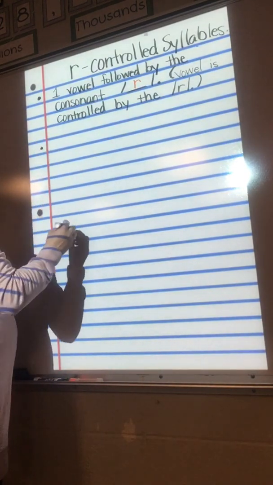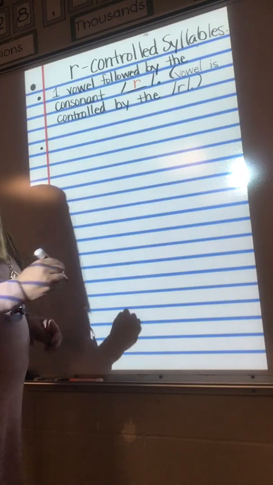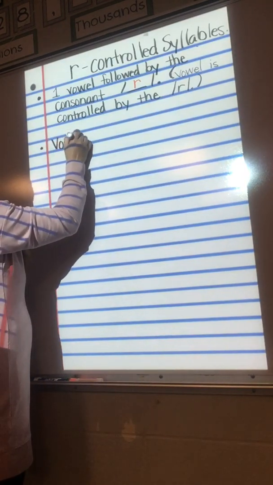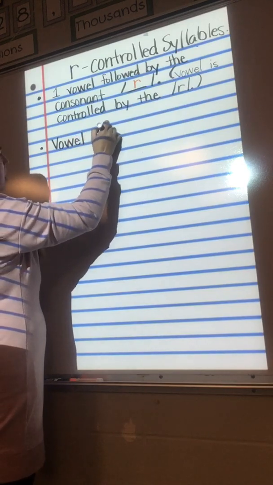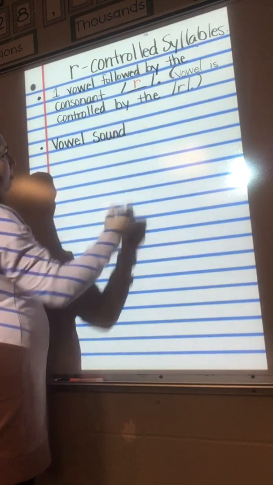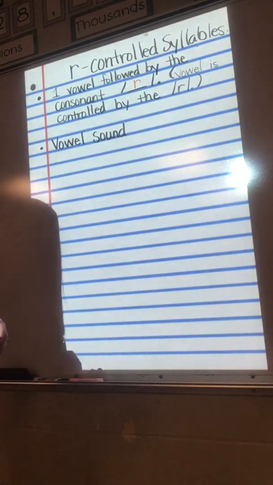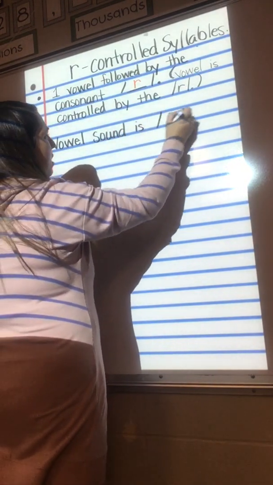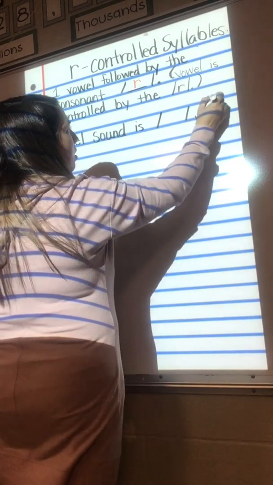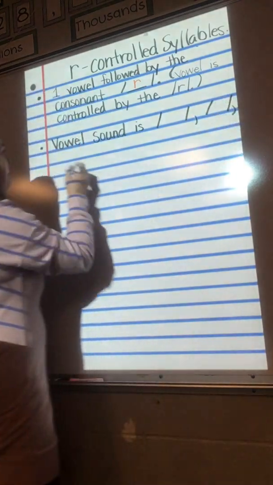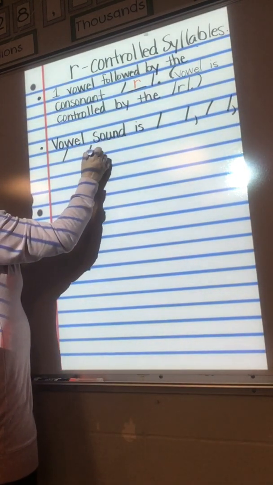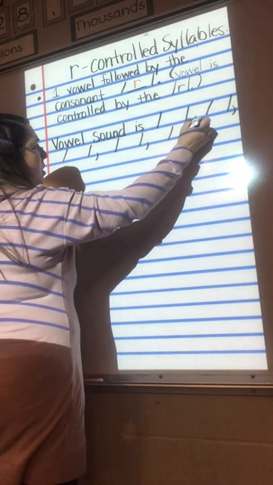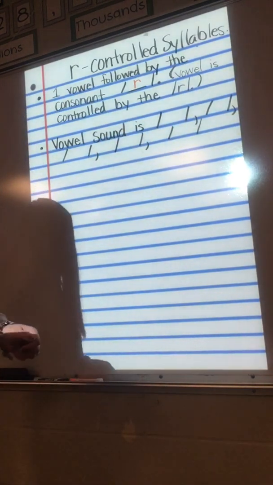Are you ready? It says the vowel sound is, and then I'm going to have a bunch of these. If you notice, it's not just one vowel sound. So we're going to figure that out.